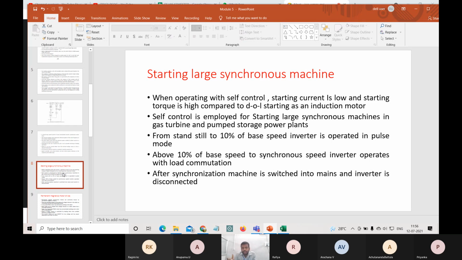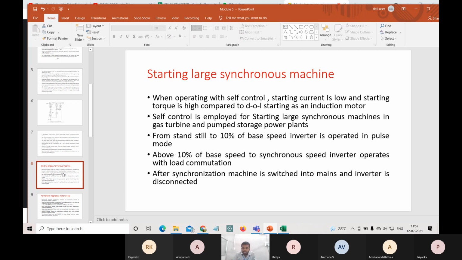Below 10%, the motor may not give enough current to the inverter to turn off. But above 10% of the base speed, the load accelerates and gives enough current to the inverter to turn off. That is done by the principle of load commutation.